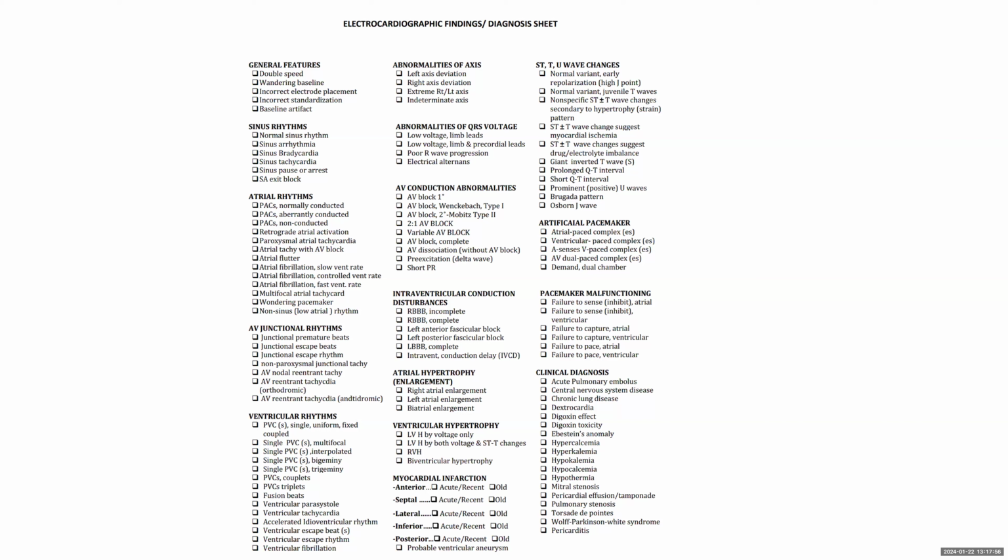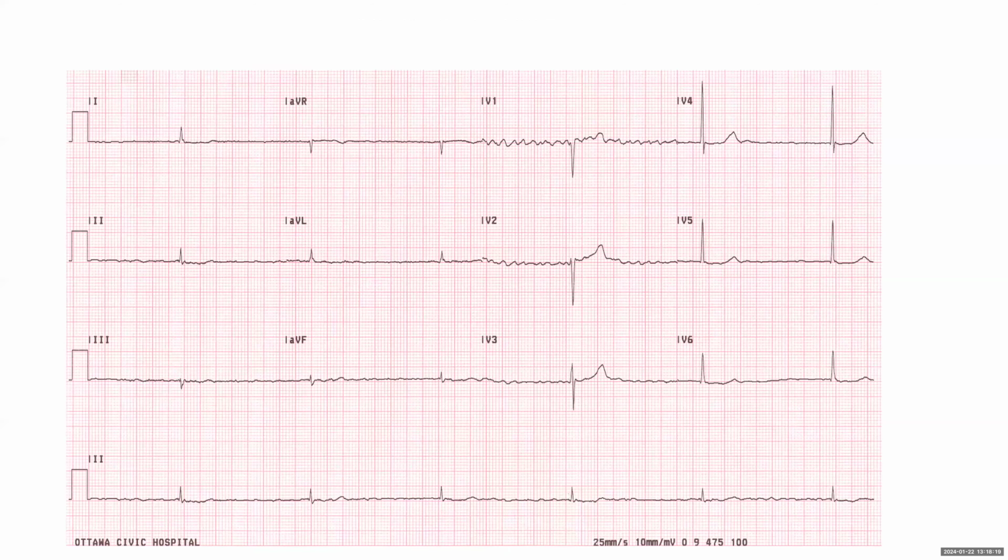No need to code left axis deviation. True. If you have left anterior fascicular block, you have left axis deviation by definition, but for the coding, I think it's okay to code both. Okay, good. So moving on to the second ECG, I'll give you a minute to look at it.